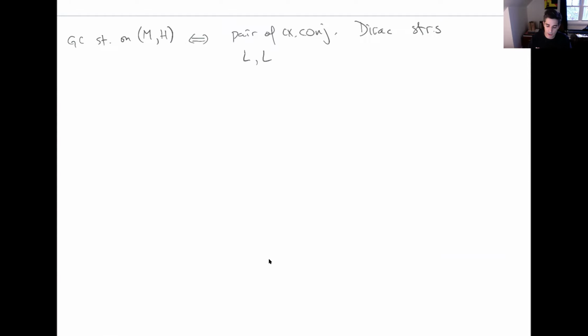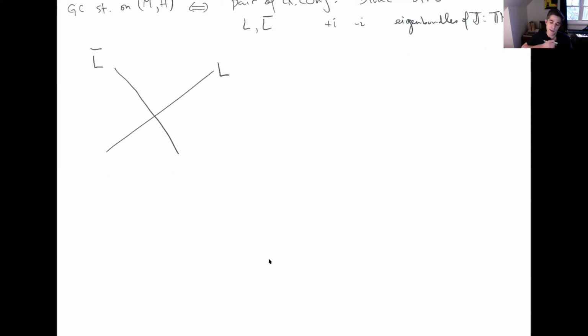L and L bar, these are the plus i and minus i eigenbundles of J acting on T_M. So let me draw that, these two maximal isotropic bundles, L and L bar.